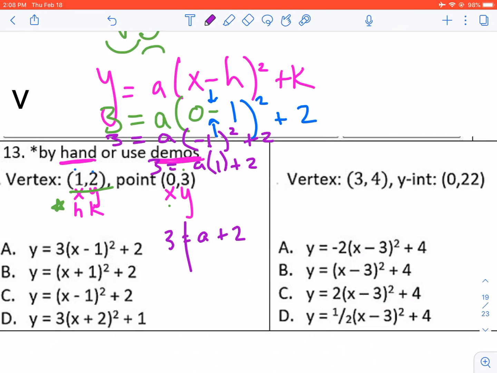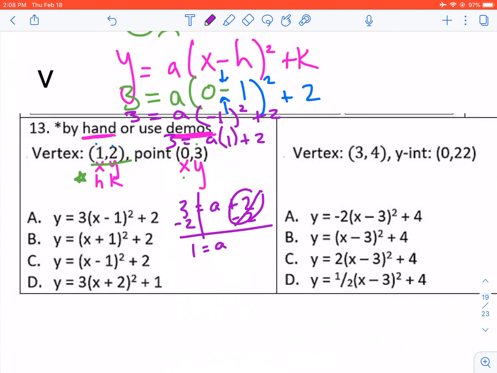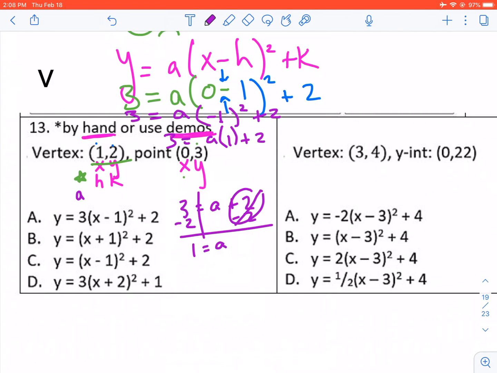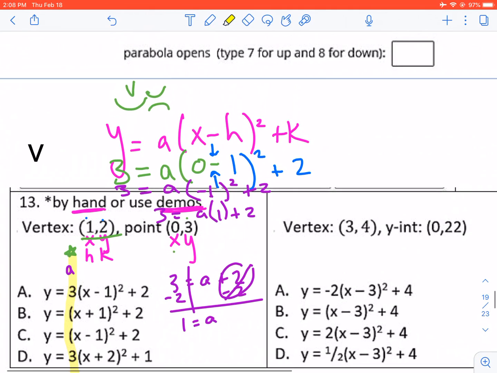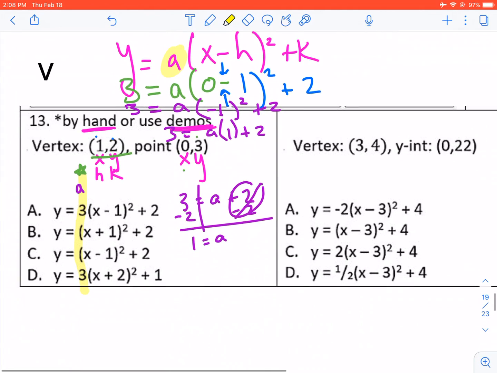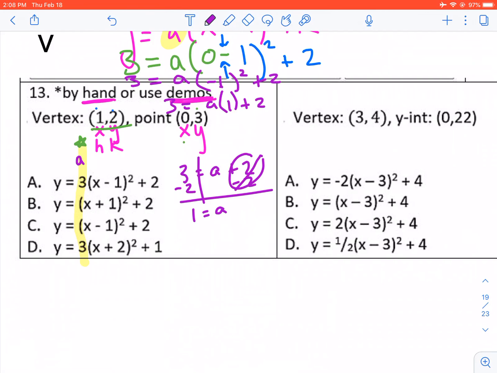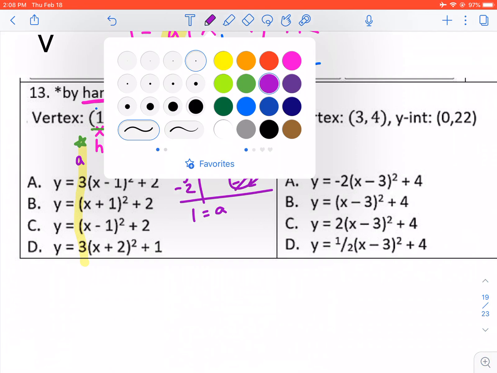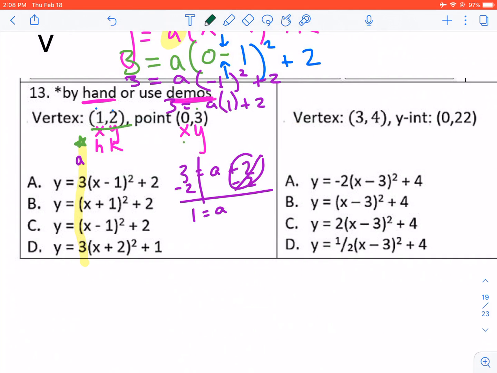How do we get rid of that plus 2? By doing the opposite. And so we have 1 equals a. So this a value that I'm looking for would be right in front of the parentheses, because that's where it is in our formula. It's supposed to be a 1. And on some of these there is no 1 because a 1 is not necessary all the time. So it can't be this one and it can't be this one.